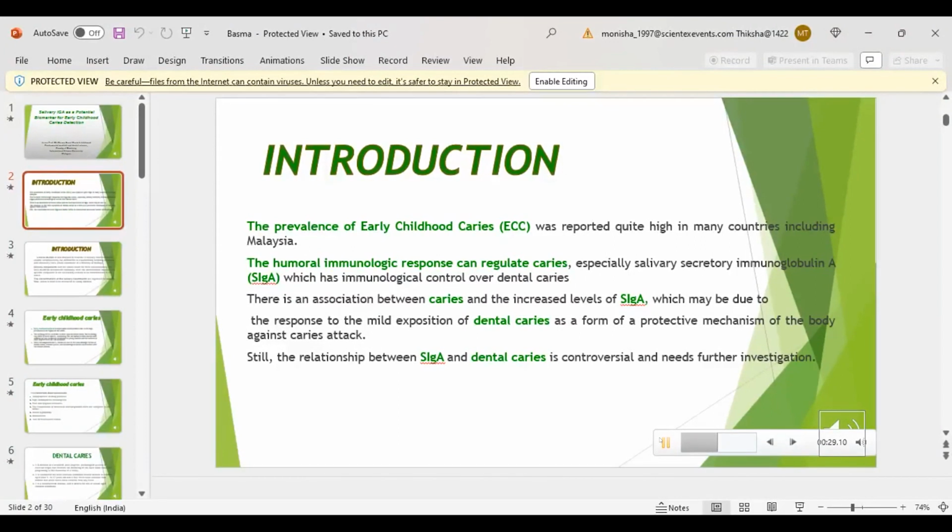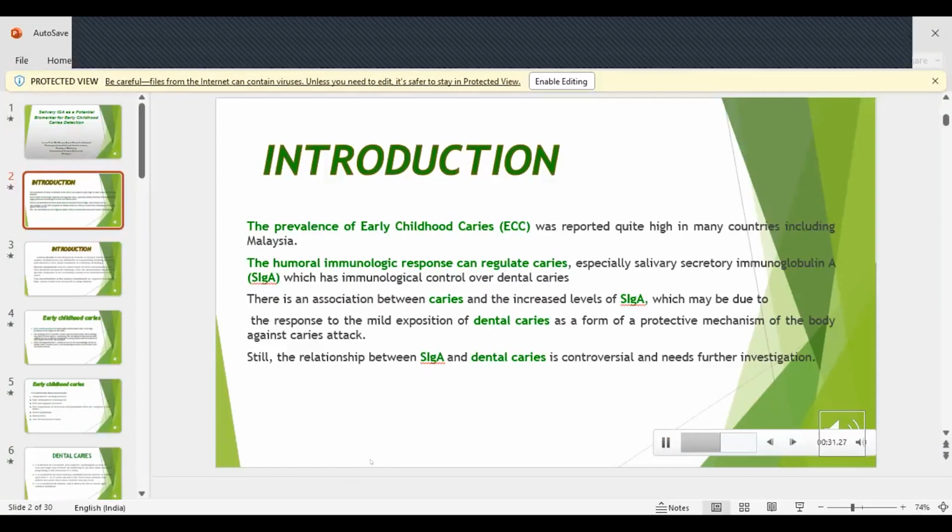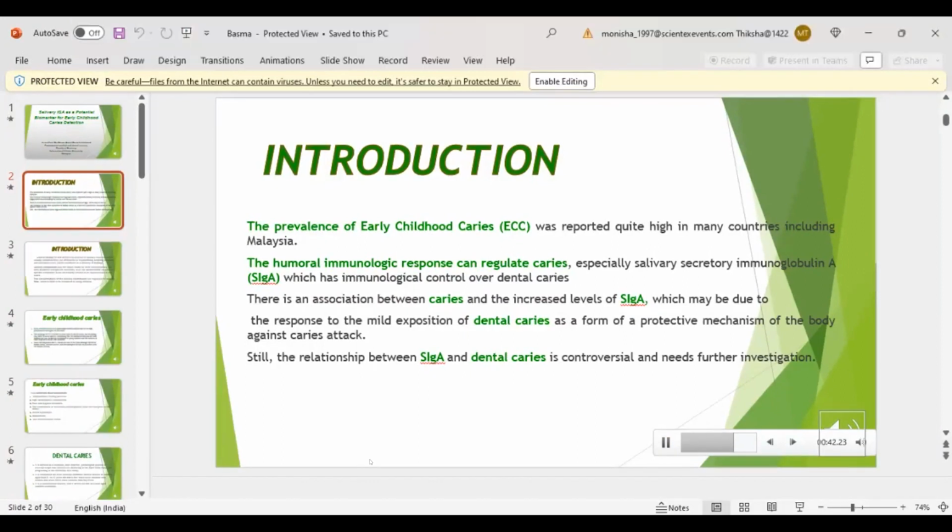There is an association between the caries and the increase in the level of salivary IgA, which may be due to the response to the mild exposition of dental caries as a form of protective mechanism of the body against the caries attack. Still, this relation between salivary IgA and dental caries is controversial and needs further investigation. And that's what we will talk about in this lecture.